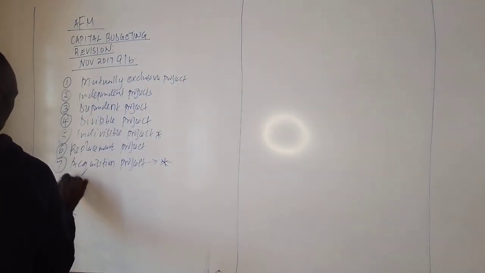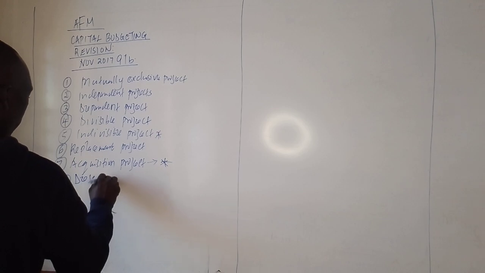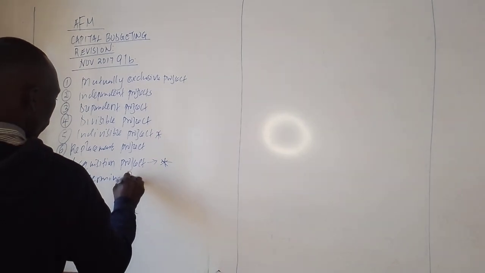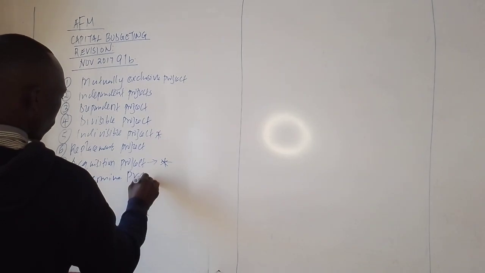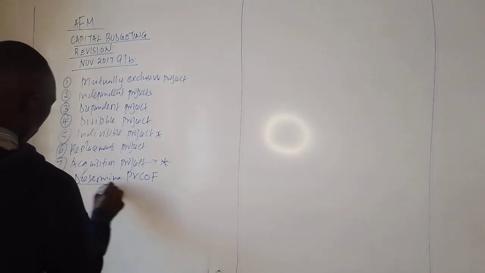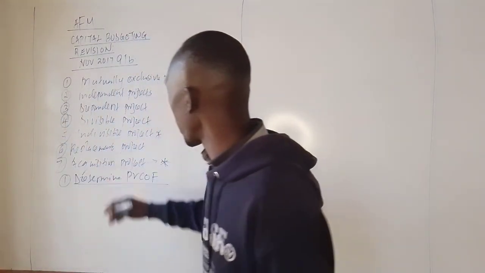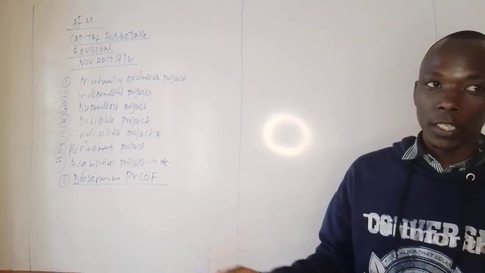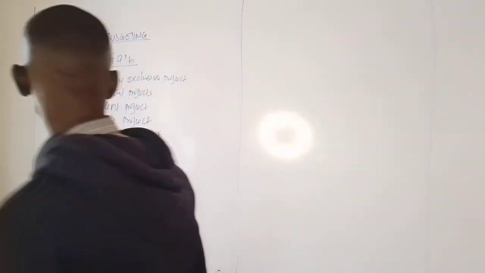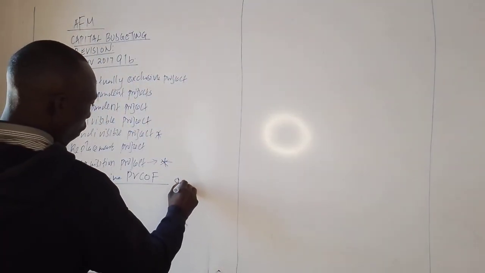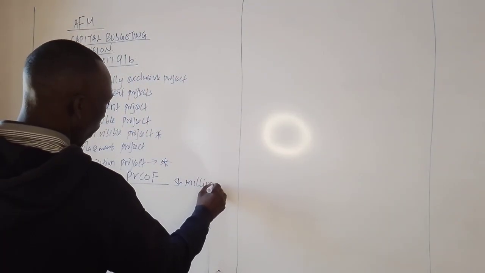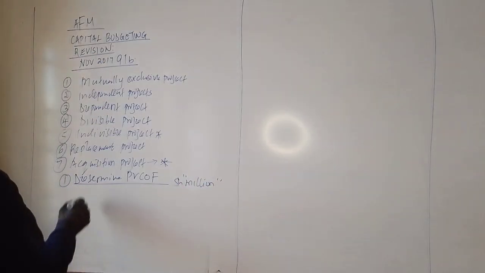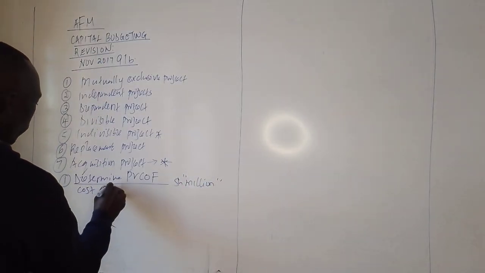It is the same step we are going to follow when we are evaluating the acquisition project. So let us determine the present value of cash outflow. Our shillings were given in million. So you take the cost of the machine.